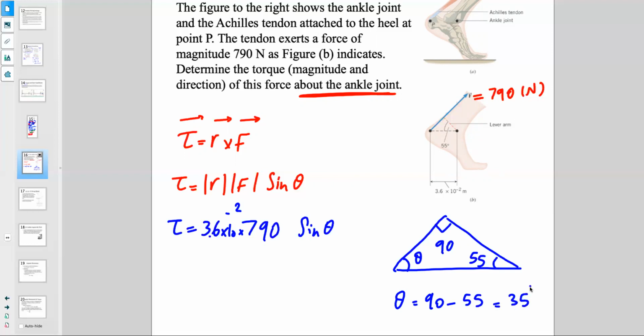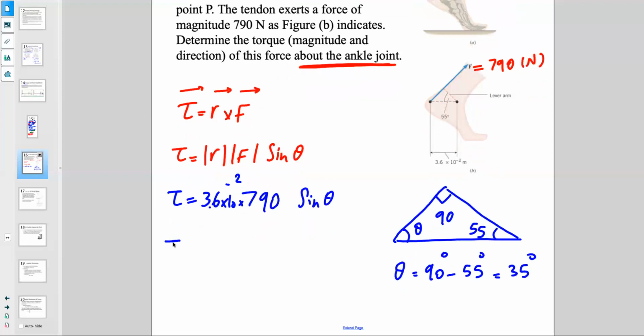Which is 35 degrees. So I have tau of 3.6 times 10 to the negative 2 times 790 times the sine of 35 degrees. Whatever it is, just put it in your calculator to find the value for it.